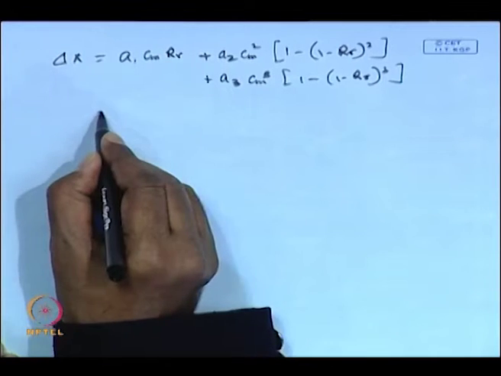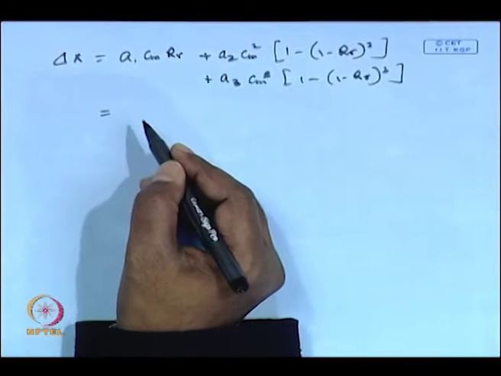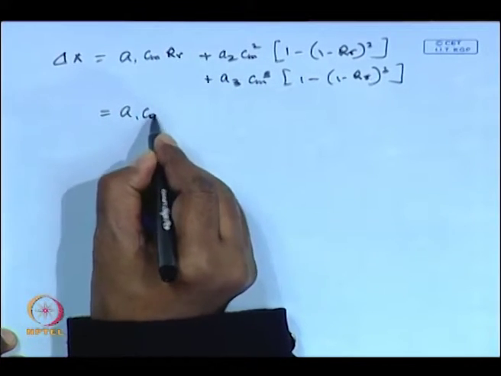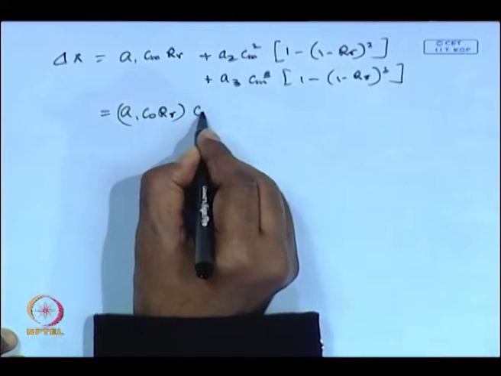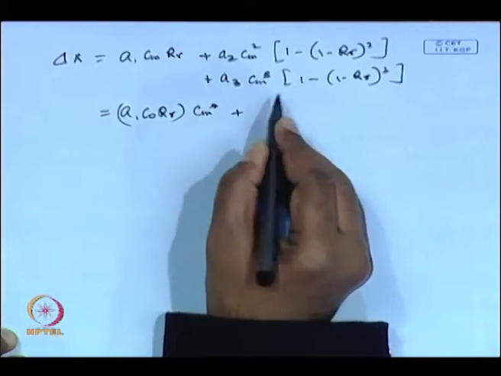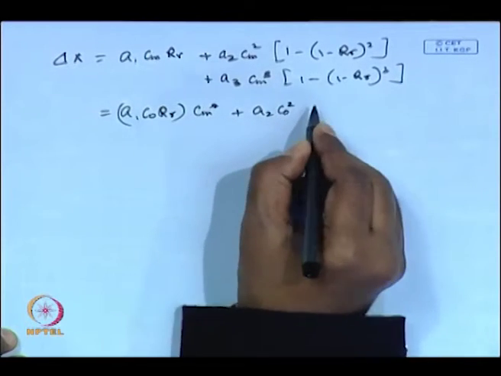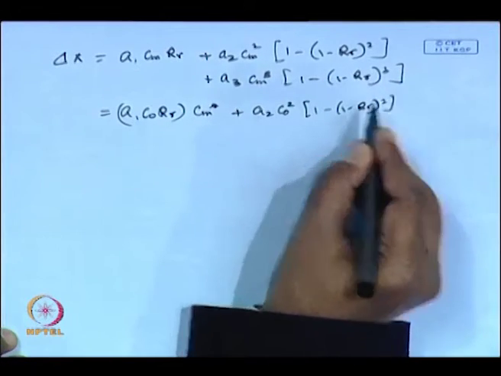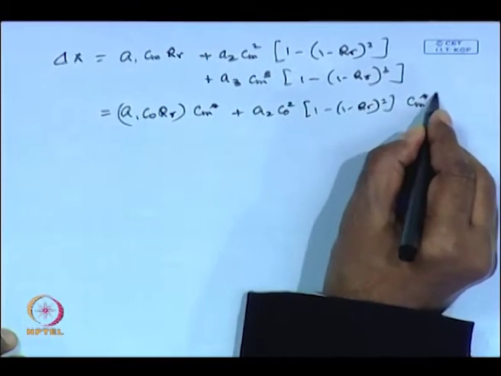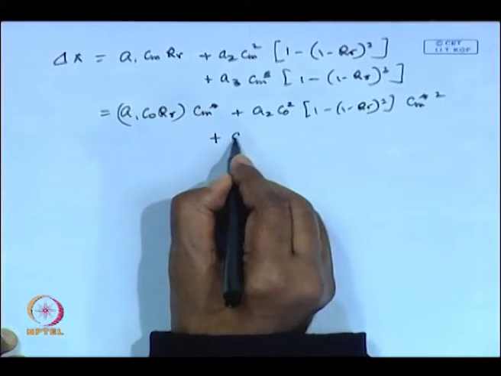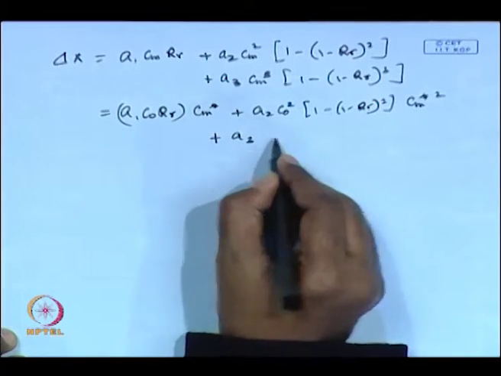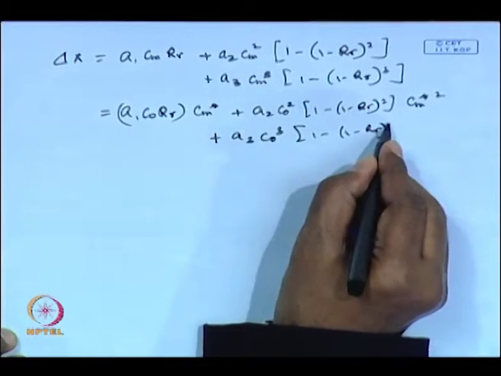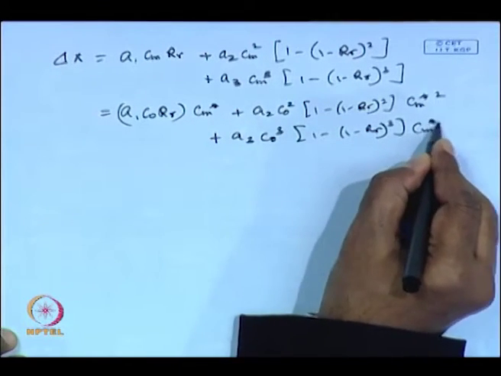Now make Cm non-dimensional in favor of the bulk concentration. So, this becomes A1 C naught RR times Cm star, plus A2 C naught square (1 minus RR) square times Cm star square, plus A3 C naught cube (1 minus RR) whole cube times Cm star cube.